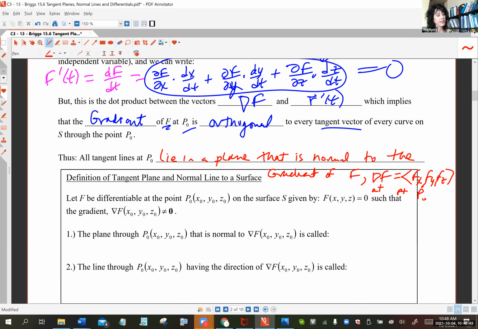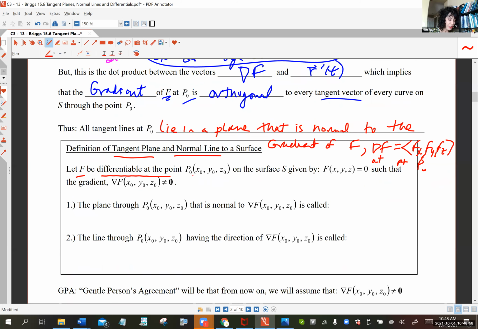So now we're going to define the meat and potatoes for this section. Here's the meat and potatoes, the main course: tangent plane and normal lines. That's what you'll be asked to give on the homeworks and everything for this section. So here it is. Let big F be differentiable at some point P naught with the coordinates x naught, y naught, z naught on a surface S. And your surface S is given by this more general representation where everything's on one side and zero is on the other, like a level surface, such that the gradient, big del F, isn't the zero vector.